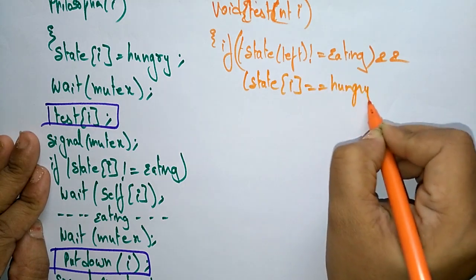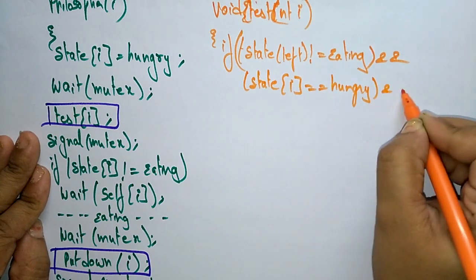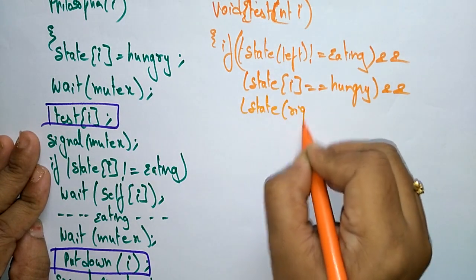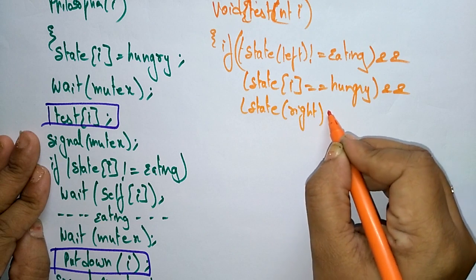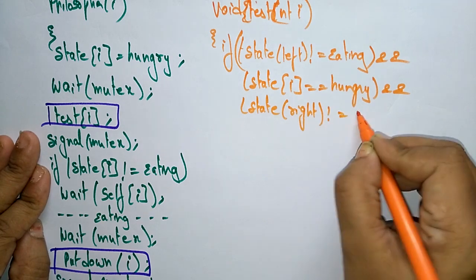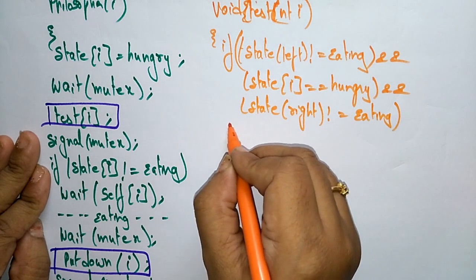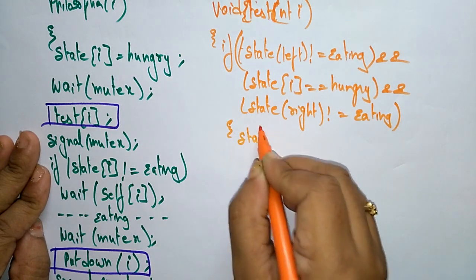He is not even eating and he is hungry, and state[right], that is the right side of his dish, is not eating, then only he can perform the operation eating.